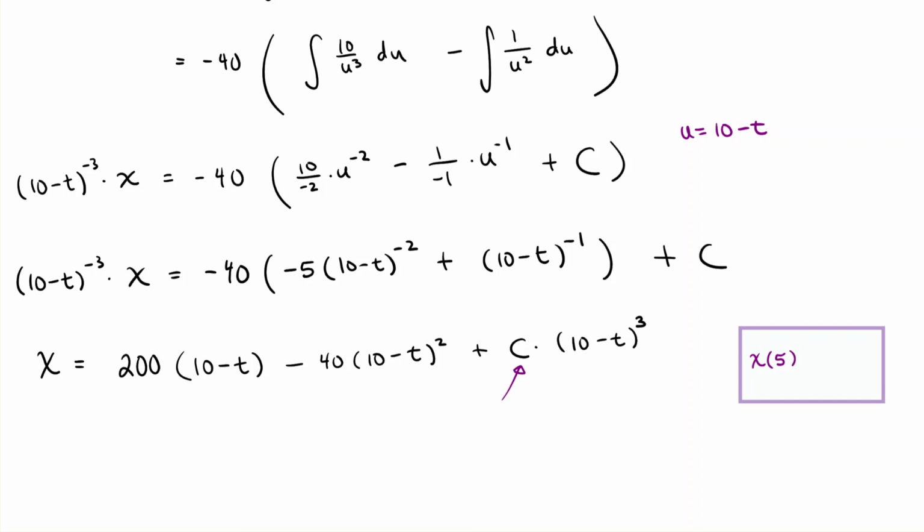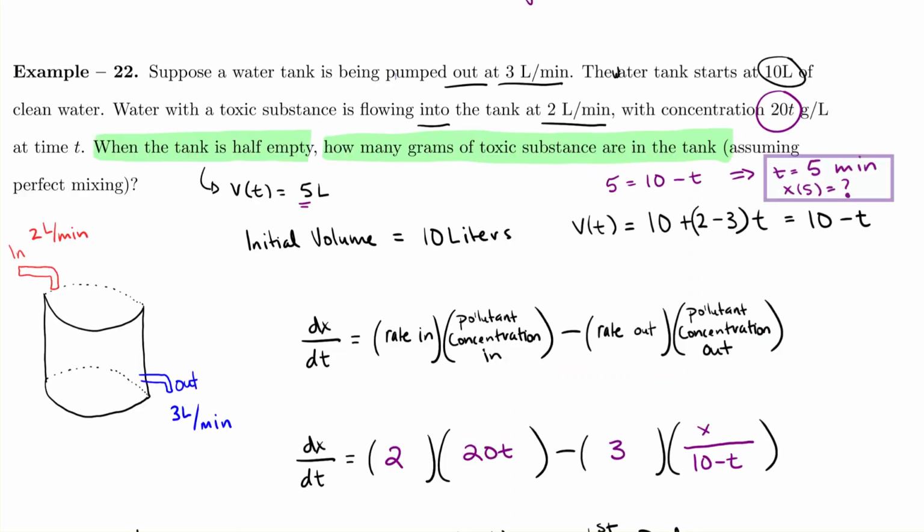So in order to find the value for the constant of integration, let's go back and think about what was happening about the amount of this solute, or in this particular example it was some pollutant, at time t equals 0. So at time t equals 0, we had, if we go back to our problem, 10 liters of clean water.